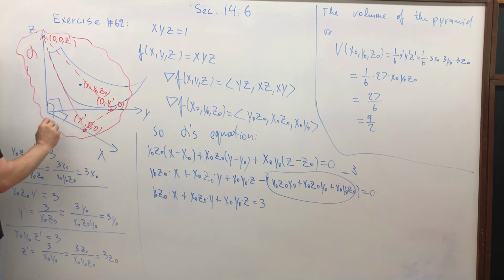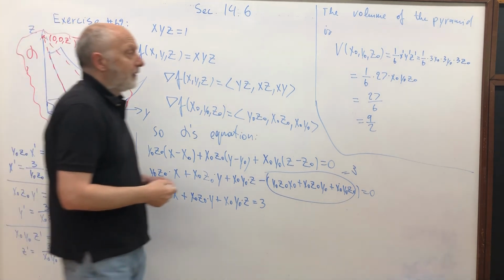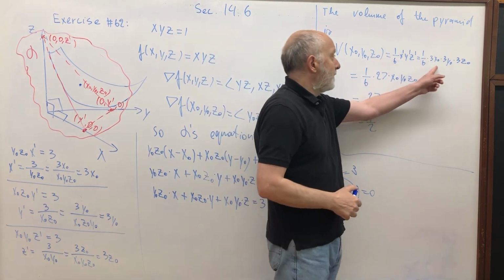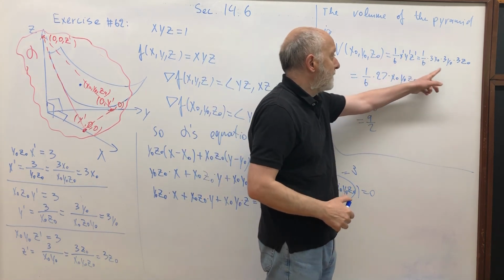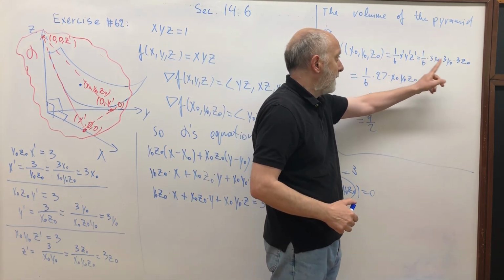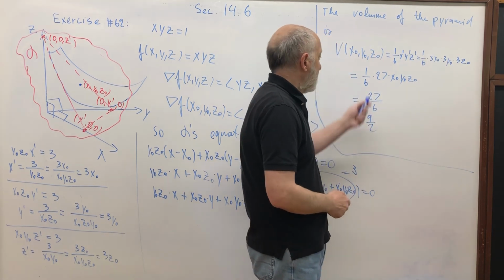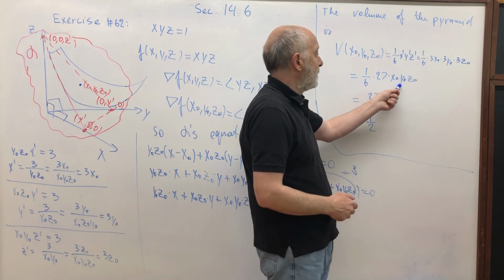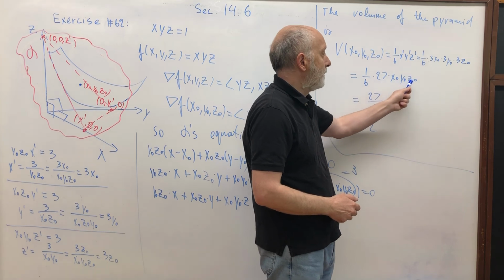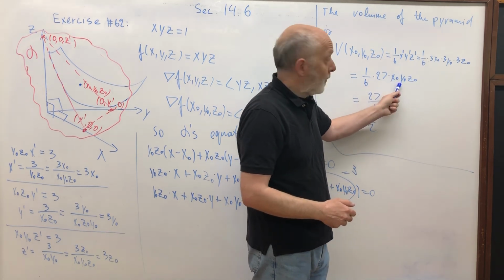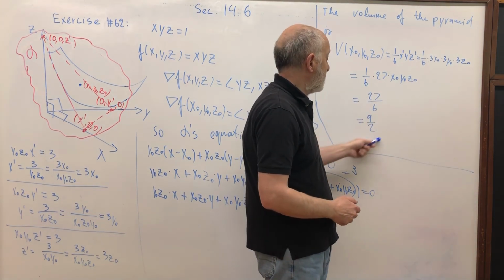All these are right angles. Then we substitute for x' 3x0, for y' 3y0, and for z' 3z0, and we end up with 1 over 6 times 27 times x0y0z0, but we know x0 times y0 times z0 is equal to 1. And we are finishing, the final answer is going to be 9 over 2.